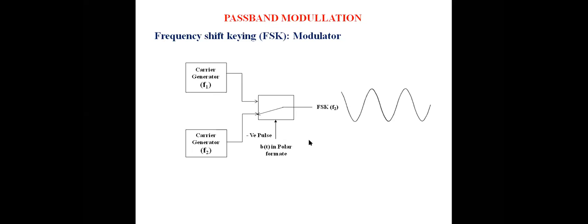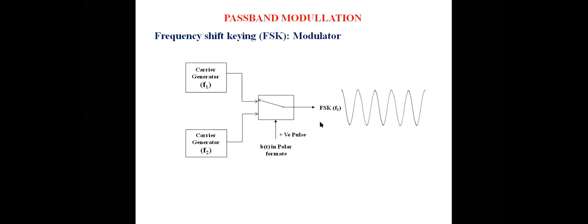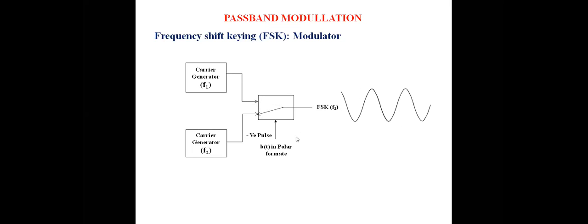Then if a negative binary pulse is given, the switch is connected to the lower one. So the lower carrier generator is connected to the output, and the output is an FSK with the frequency F2. Like that, it's very simple. See, the switch is toggling between these two depending upon the value of the pulses.